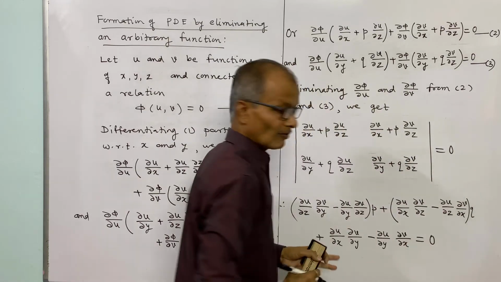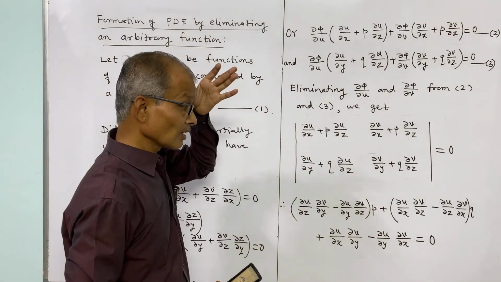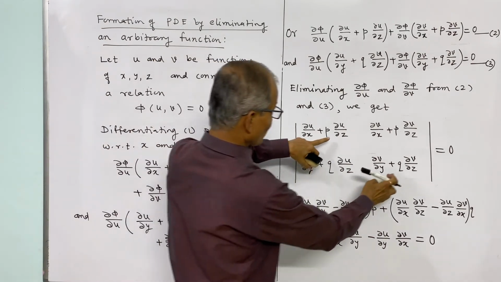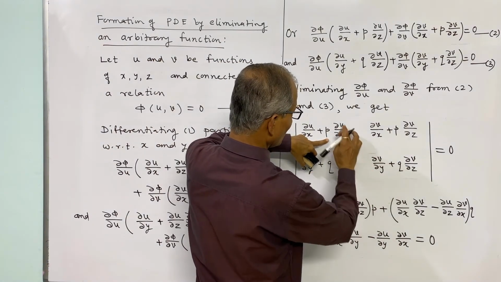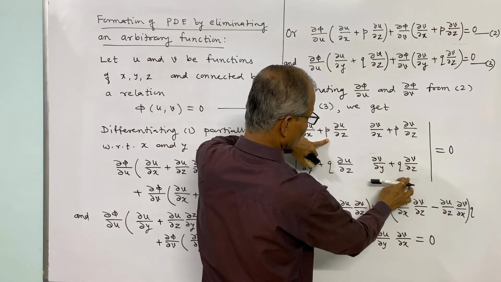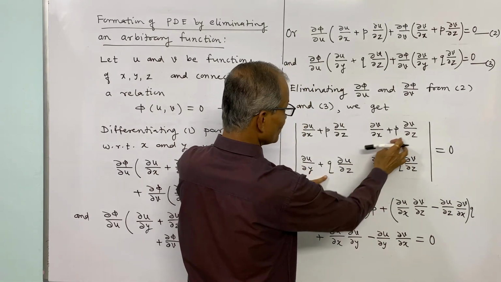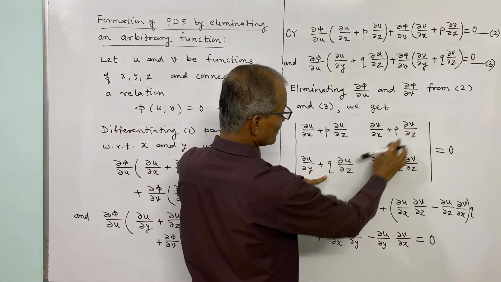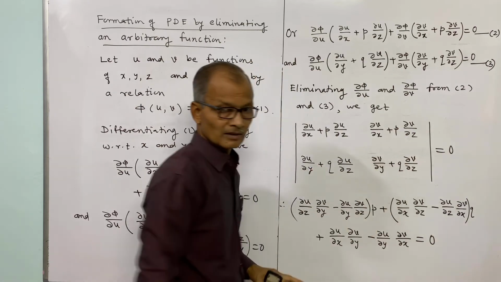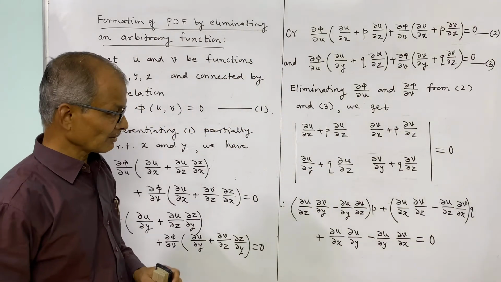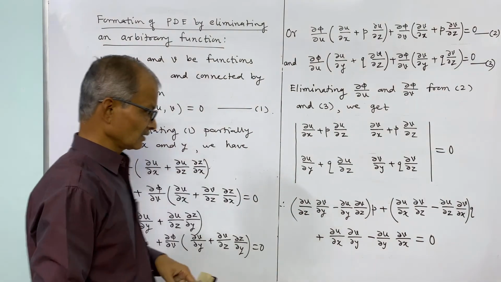One thing to note: what about the pq term? Here p times q times ∂u/∂z times ∂v/∂z appears in both products, so it cancels in the expansion of the determinant, and therefore we get this result.